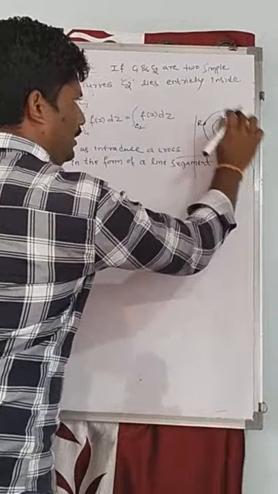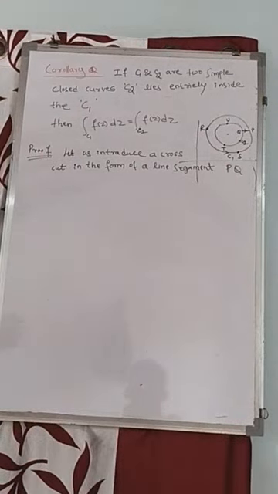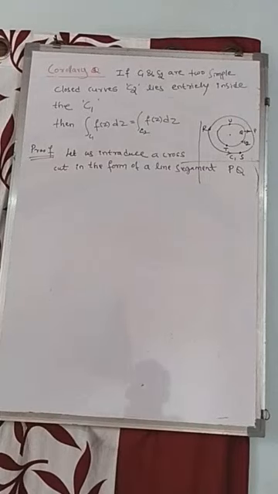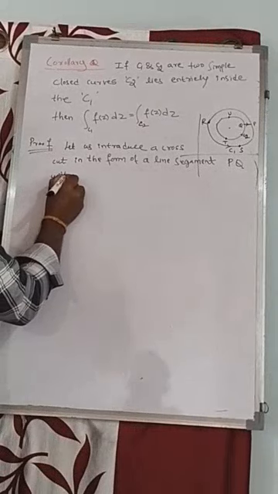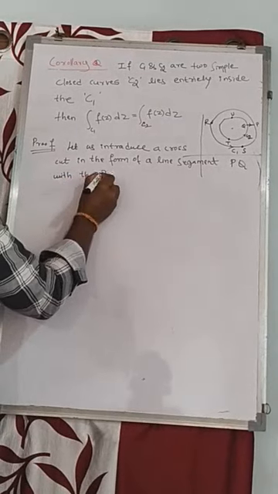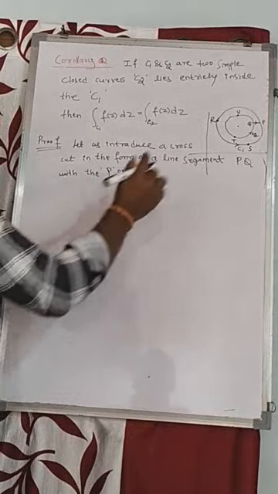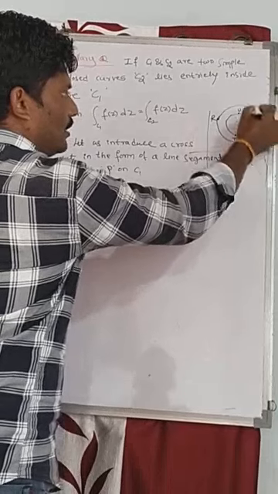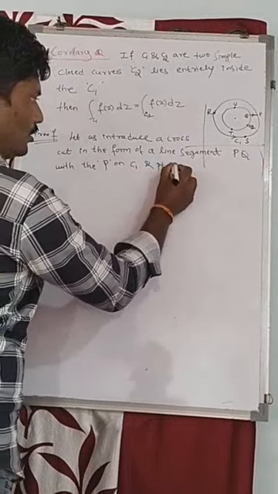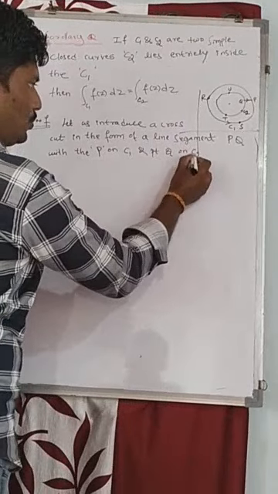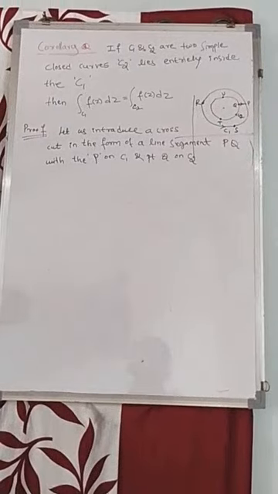This is the line segment PQ or QP, direction is opposite, with the point P on C1. Point P is on the curve C1 and point Q on C2, circle 2.